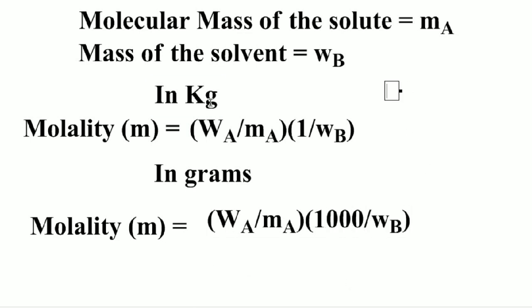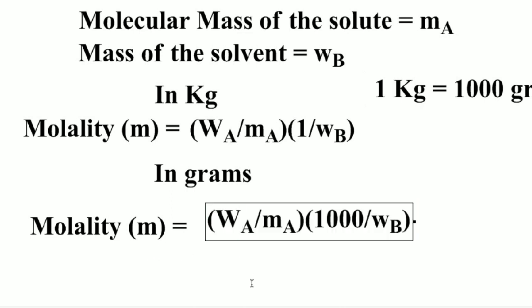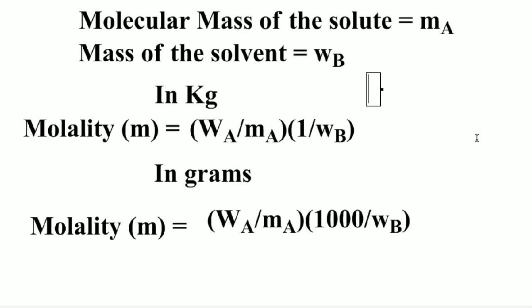We know that 1 kilogram is equals to 1000 grams. Hence, the molality in grams or kilograms we can find by using the relation WA by MA into 1000 by WB. By using this relation, we can find the molality of a given solution.